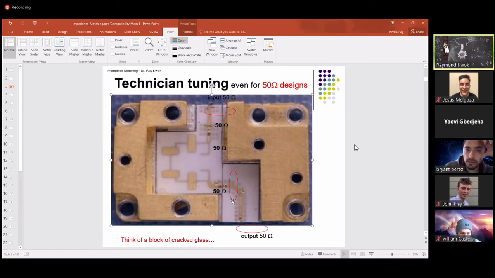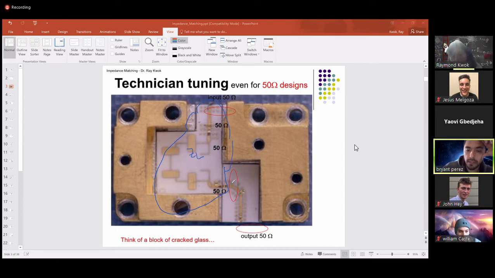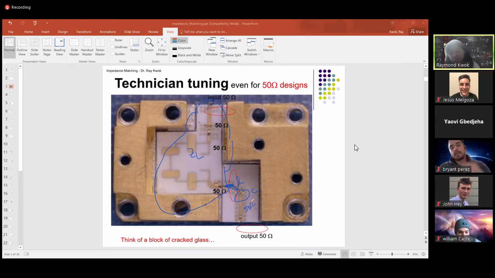So here, I'm going to call this whole thing, including the load and everything, ZL, including the junction. L would be the line from here to where I put the stub. Right. Okay. You said the opposite last time. That was confusing. Okay, sorry.